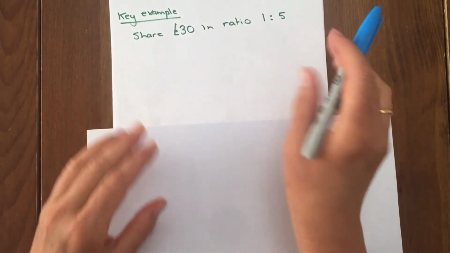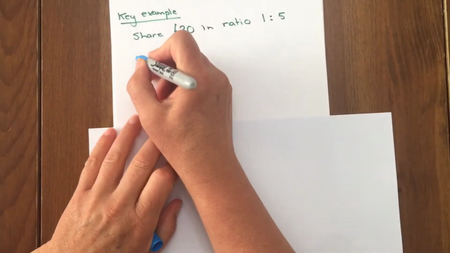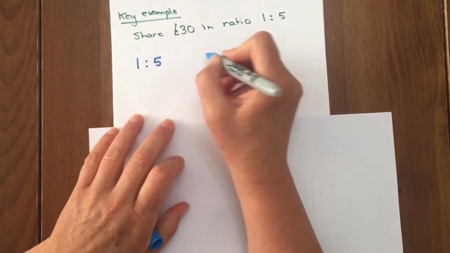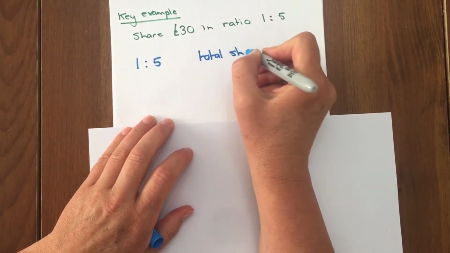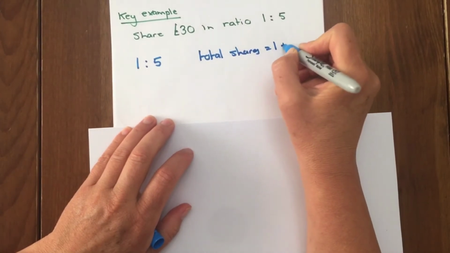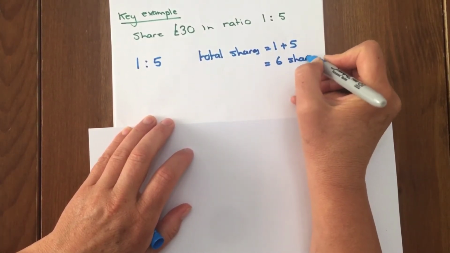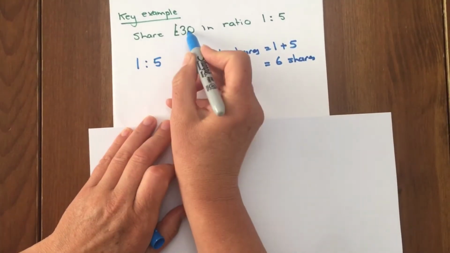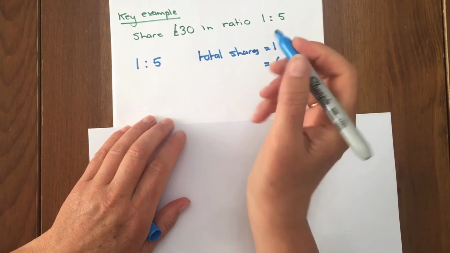Key example, share £30 in the ratio 1 to 5. So the first thing we do is look at the total number of shares we've got. So we've got 1 share and 5 shares, a total of 6 shares. So I'm dividing £30 into 6 different parts.